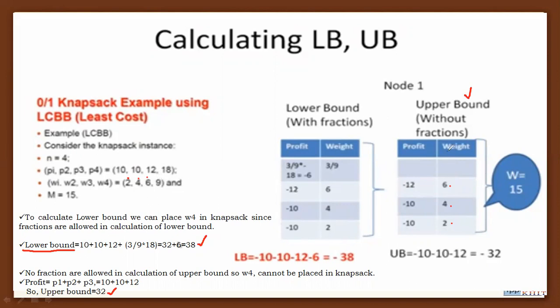If I try to place the fourth item, the weight is 9 plus 12, which is 21, 22. The total knapsack capacity is 15, so it cannot be less than or equal to the knapsack capacity. Hence, I cannot place this item here.